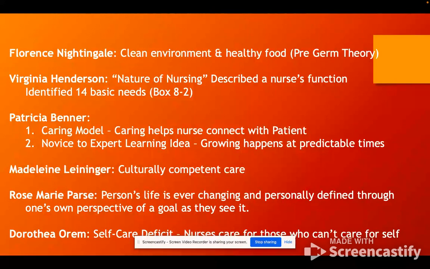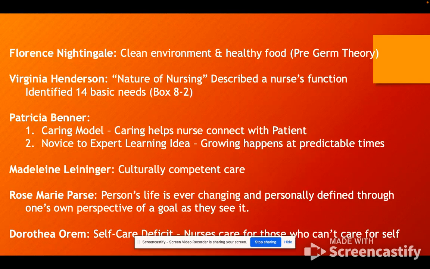Patricia Benner, if you ever get the opportunity or you want some extra reading practice or something good to read over the summer, she actually has a book, and it's very good material that talks about being a novice to expert nurse.